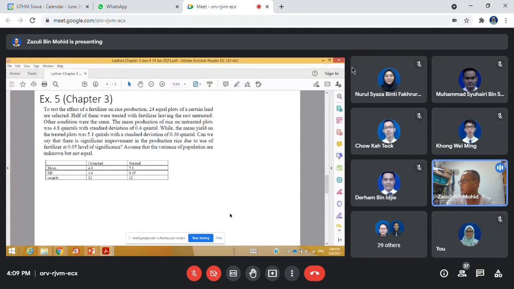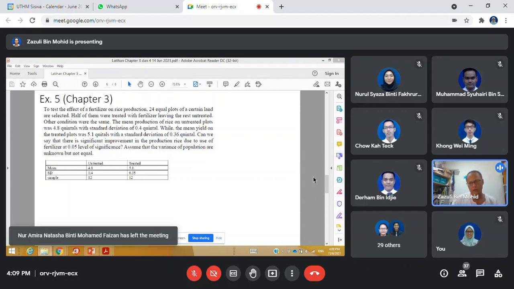Boleh nampak? Sama lah dengan test. Sama kan? Okay. Sekarang apa yang saya nampak, what I can see is that most of you cannot construct the hypothesis, and also cannot differentiate between the two tail and one tail.